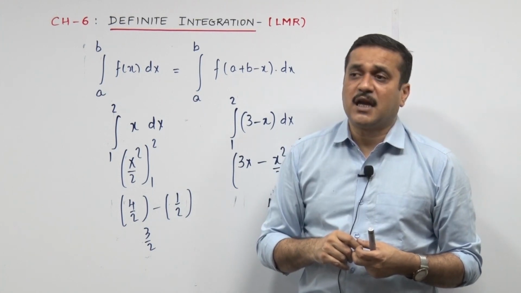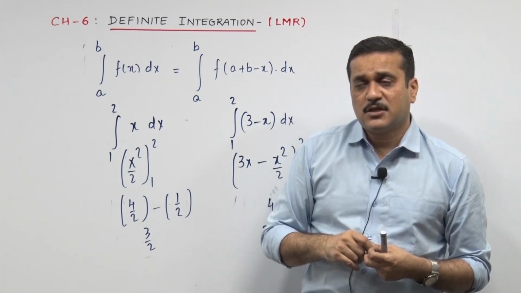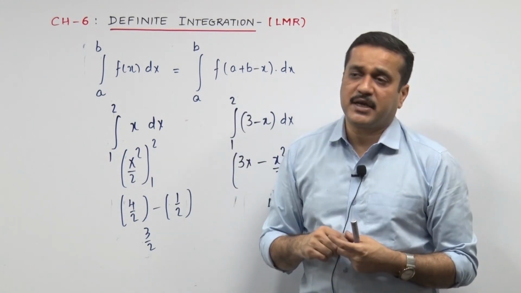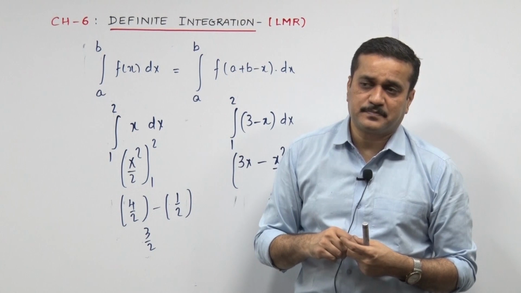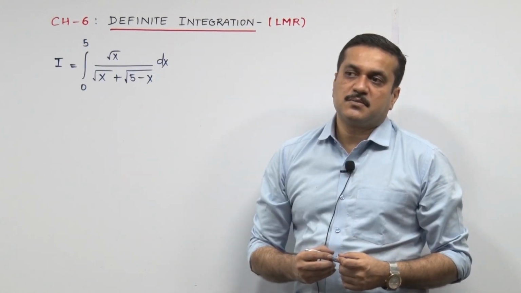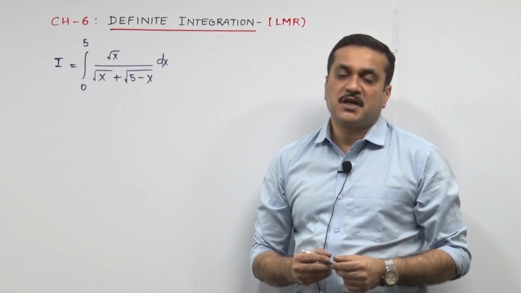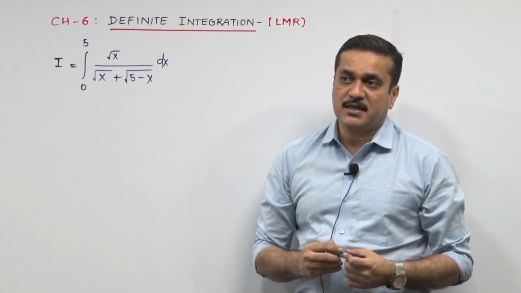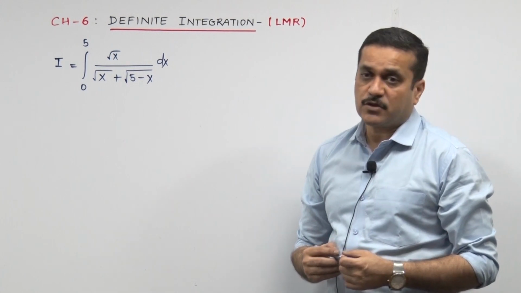Probably now give me a chance to bring in 2 sums so that you enjoy the application of these 2 properties, and you see the magic happening in that. A 4-mark sum. Let's check into that. Now, 2 sums on those 2 wonderful properties which you understood. You can change your x to a minus x when the integral goes from 0 to a, which is the case right now.